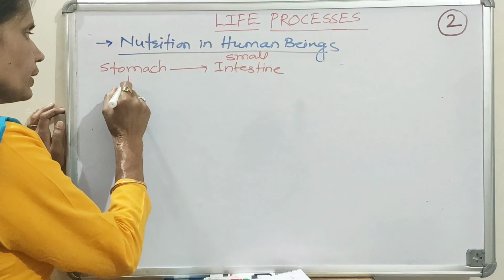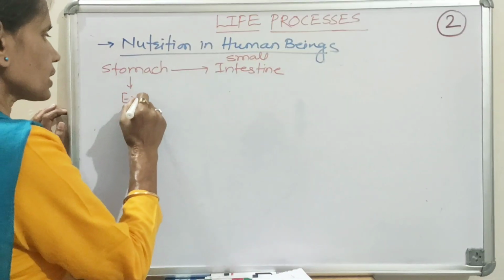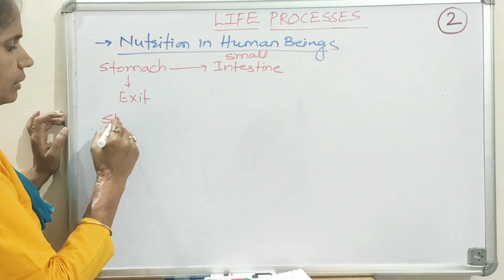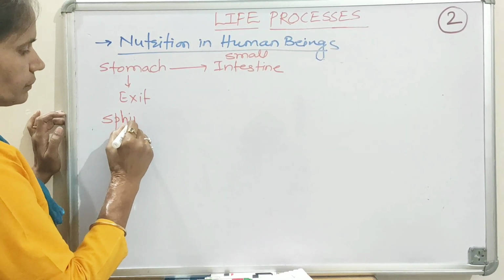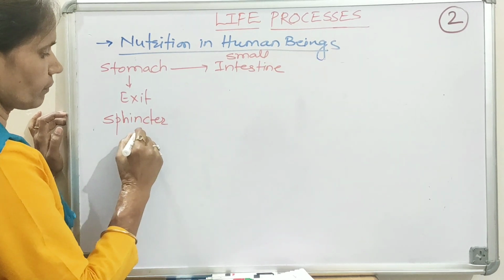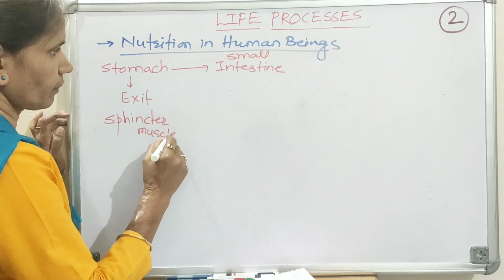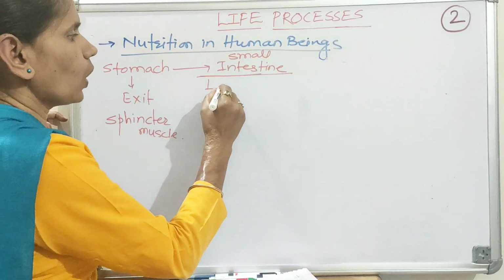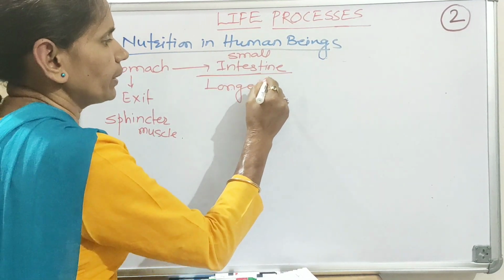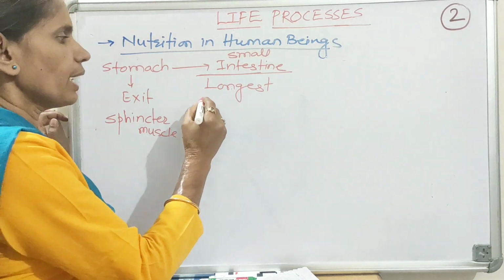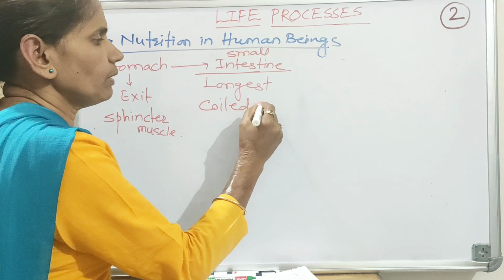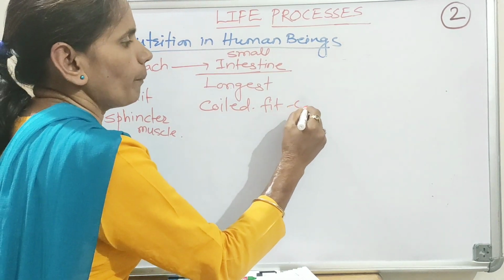The exit of food from the stomach is regulated by a sphincter muscle. The small intestine is the longest part of the alimentary canal, and it is an extensively coiled structure so that it will fit in a compact space.